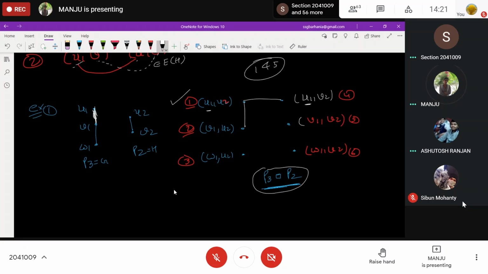Your graph consists of how many squares? Sir, two squares. Square does not make sense here, but we can understand it. If you are getting two squares, it means your answer is correct.